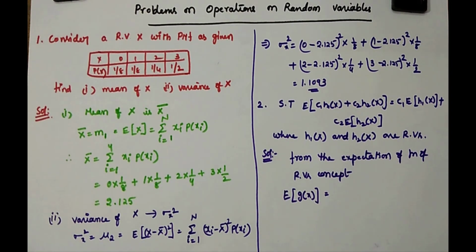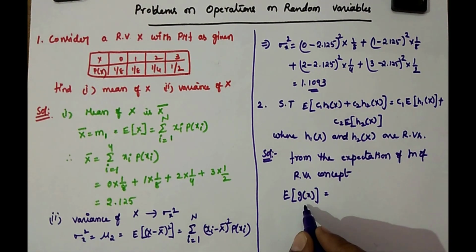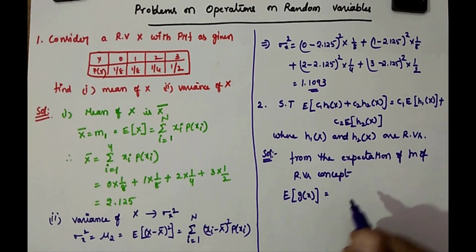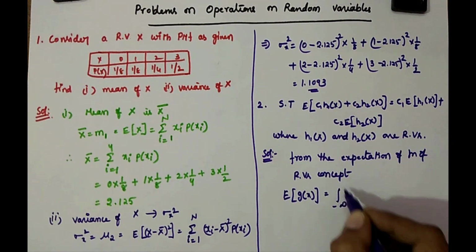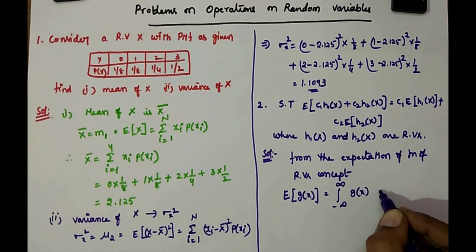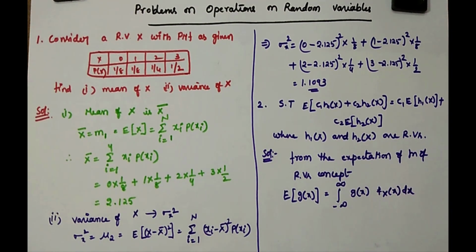Normally expectation of x means E of x. Expectation of function of random variable means E of g of x, where g of x is function of random variable. What is the formula? Integral minus infinity to infinity g of x into fx of x dx. Okay. Now we'll use this concept.